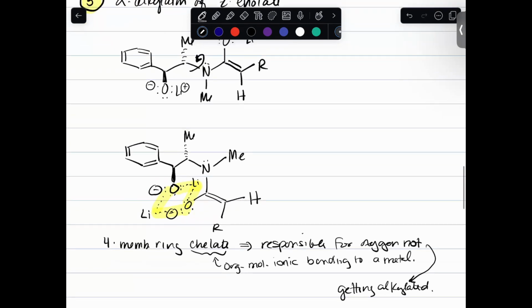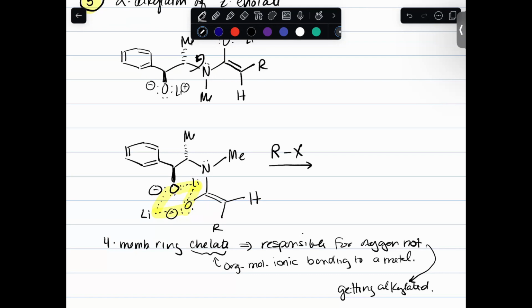It's too busy forming a four-membered ring that it can't get alkylated. And so you need that excess lithium chloride to form this four-membered ring so it doesn't get alkylated. And so now that I've got this four-membered ring going on, I can introduce my alkyl halide.